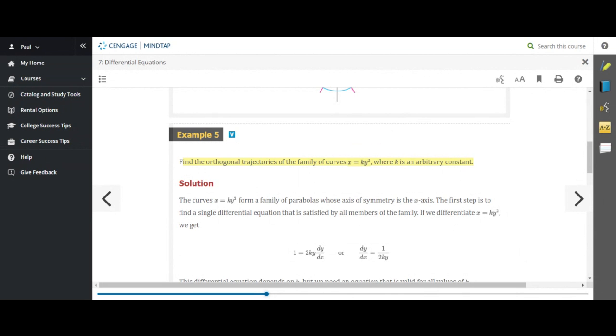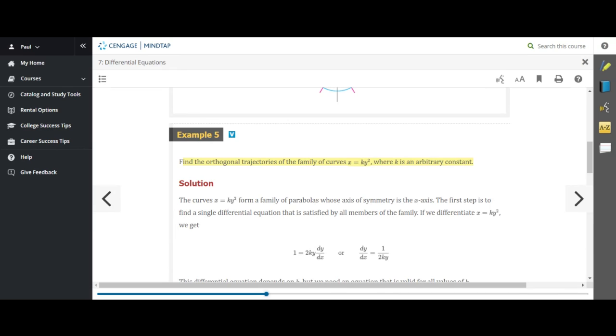That's right, Renaud, parabolas. And in fact, are they up and down parabolas or sideways parabolas? Sideways, that's right, Renaud. So we want to find the orthogonal trajectories to that family of curves.